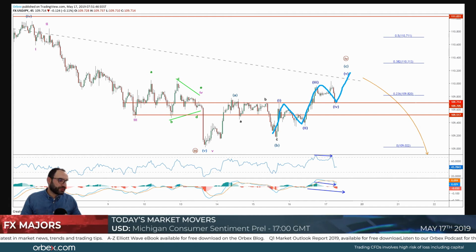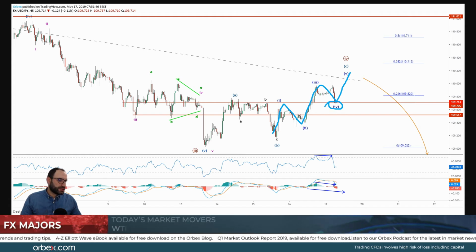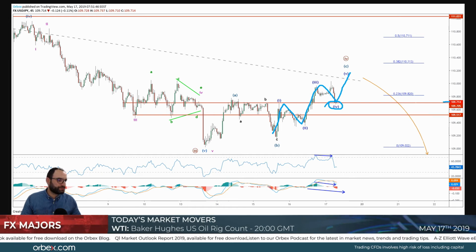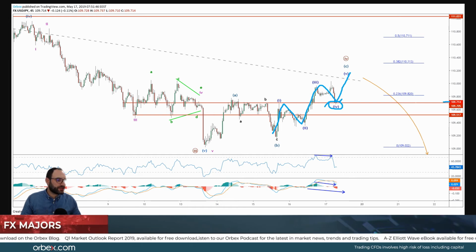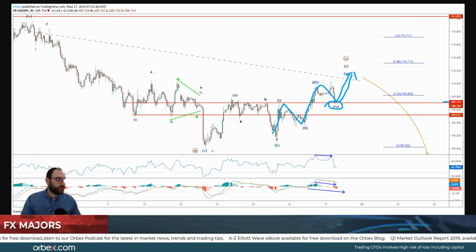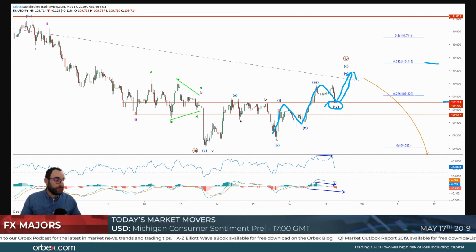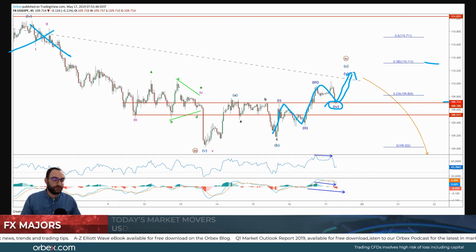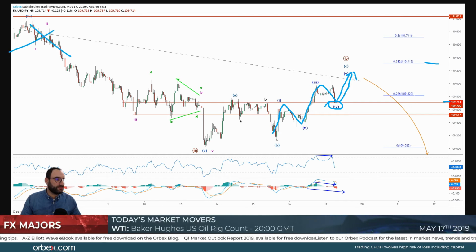So this retest, which is at 109.7, could take us to the last upside move above 110, 110.30. It could even go higher and invalidate this shorter wave up to 111.